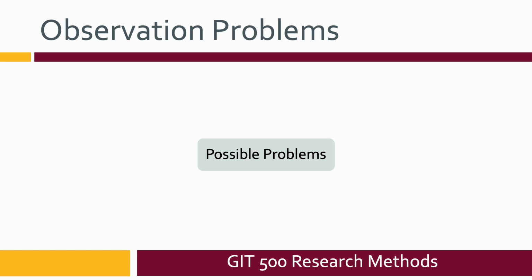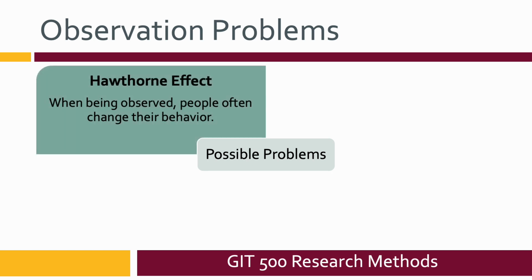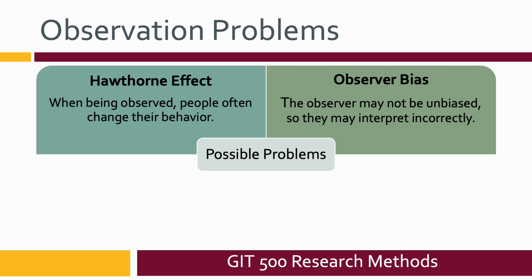Some possible problems that might occur through observation include something we call the Hawthorne effect, and that's just when people know they're being observed, they change their behavior to match what they think you want them to do. The observer might be biased, so if the observer is not unbiased, they may interpret what they see incorrectly.